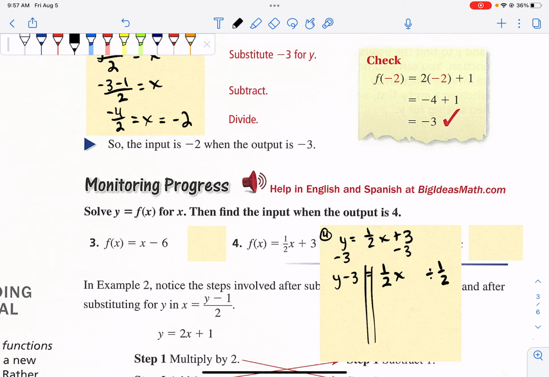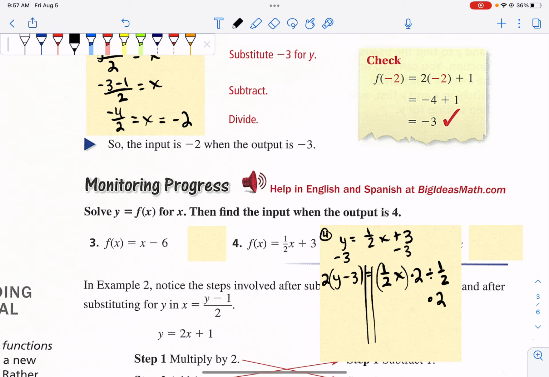So there's another way that I can get rid of that 1/2. I can either divide by 1/2 or I can multiply by 2. Because isn't 2 multiplied by 1/2 just 1? It is.